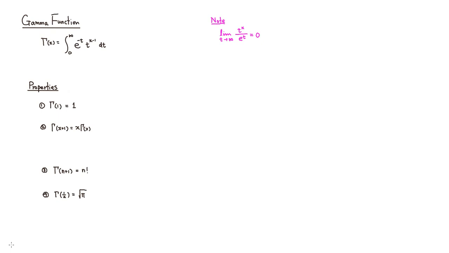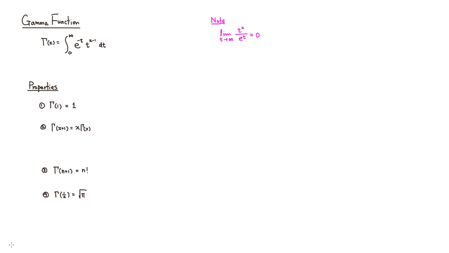All right, so there are some properties that we want to look at. The first property of gamma function is gamma of 1 is 1. The second property is gamma of x plus 1 is x times gamma of x. By combining number 1 and number 2, we can conclude that gamma of n plus 1, where n is a natural number, is n factorial.